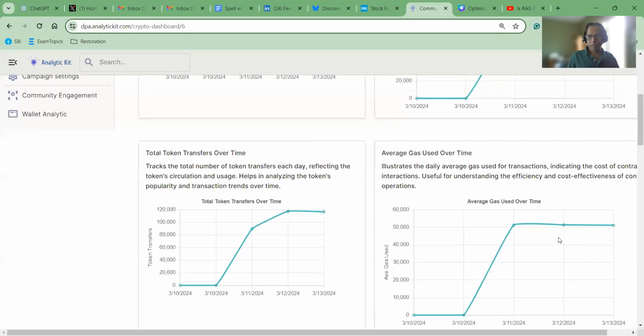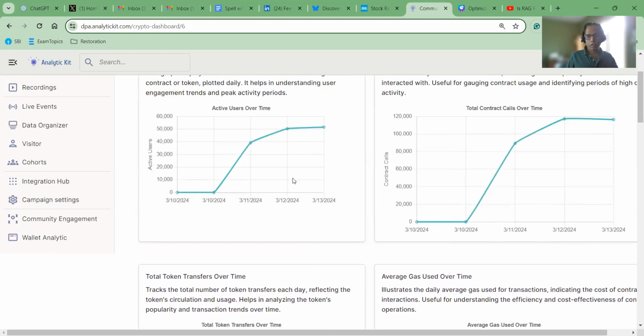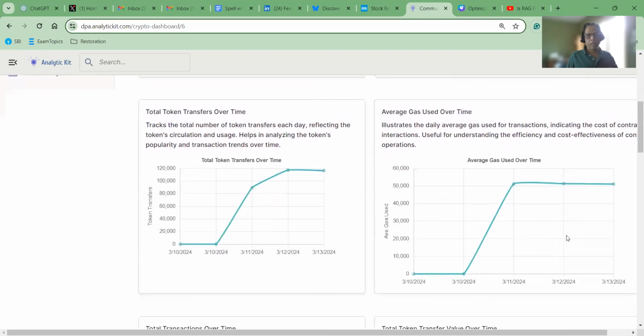For March 12th, the gas usage came down, but the total users went up. So you identify what is going on on your Ethereum blockchain, collect the data, and you can help your customers know the appropriate time to interact with your smart contract.